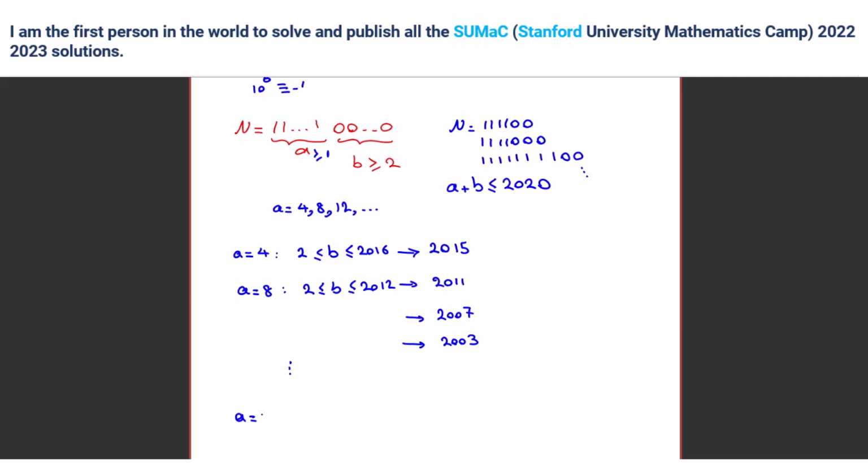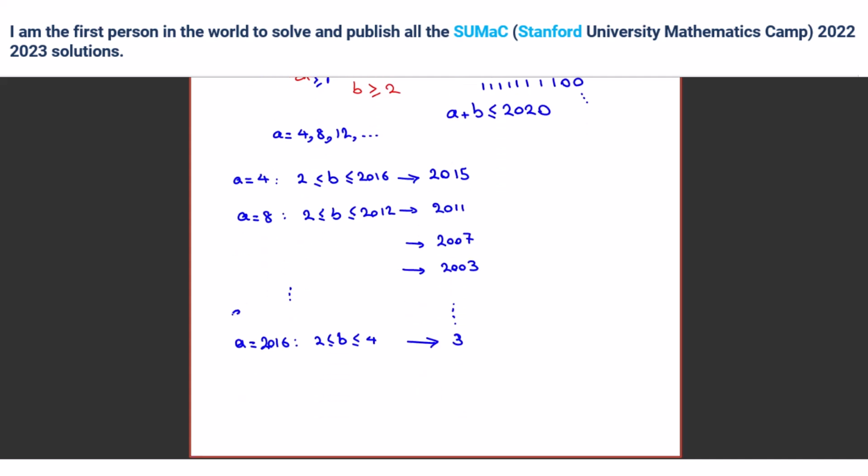Maximum A is 2016. Then B is at least what, at most what? B is at least 2, at most 4. So how many cases? 3 cases. So you should calculate the previous case for A, which is 2018, so 2018 times 504.